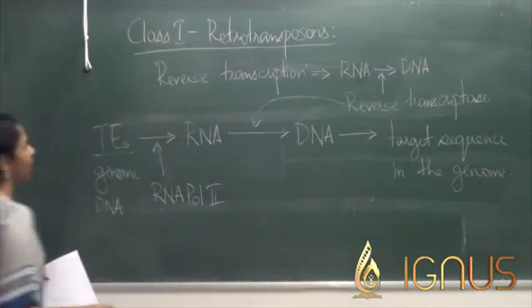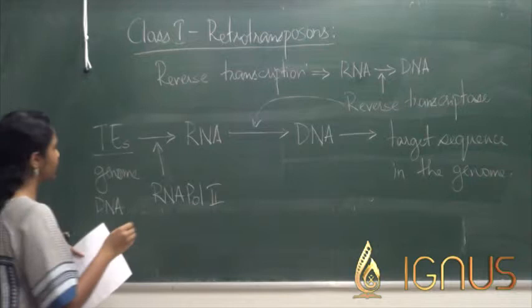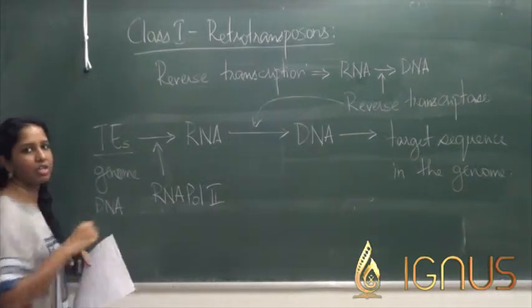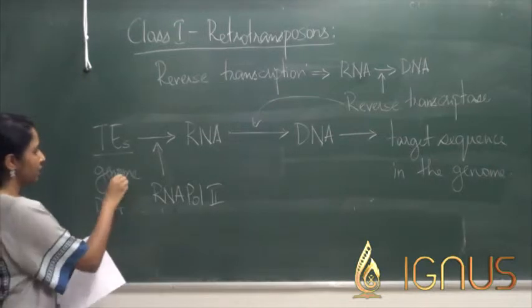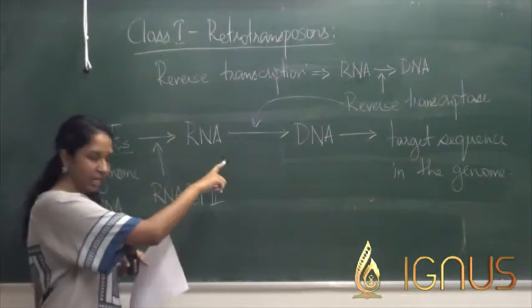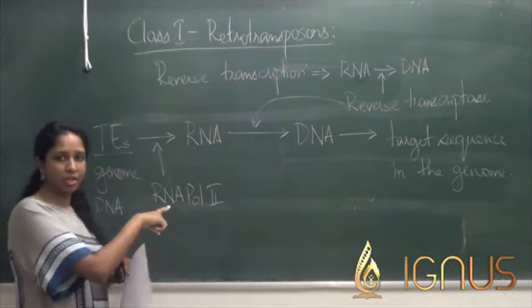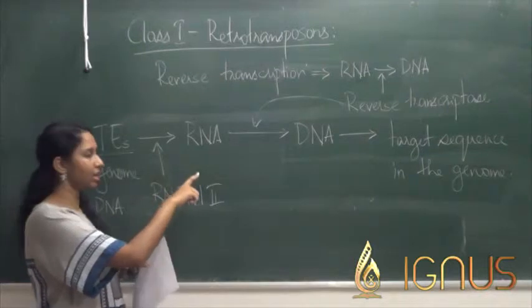Okay, so you have a retrotransposon which is there in the genome at a specific location. This is in the form of DNA because it's there in the genome. Now this is going to get transcribed to RNA by the enzyme RNA polymerase 2. So now we have RNA which is there in the cytoplasm.